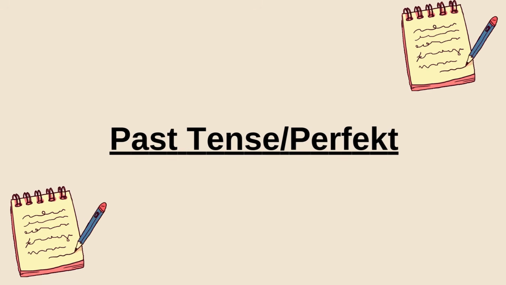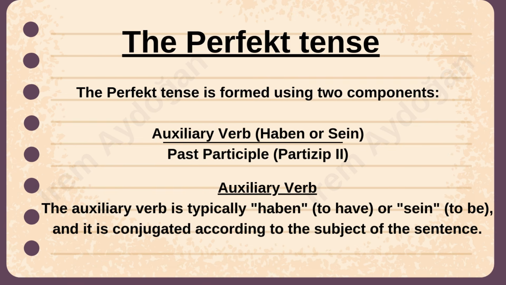And the commonly used past tense is the perfect tense in German. This is the most important past tense in German. The perfect tense is formed using two components: the auxiliary verb haben or sein, and the past participle.